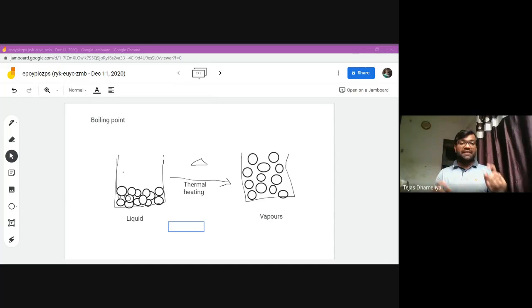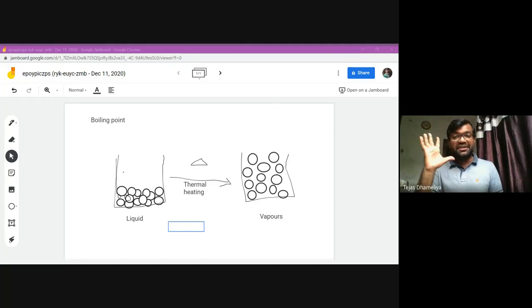So friends, I hope the concept of boiling point is much clear. But if somebody asks you what is called boiling point, then never define it as simply the temperature at which a liquid will start boiling. This is not the perfect definition.